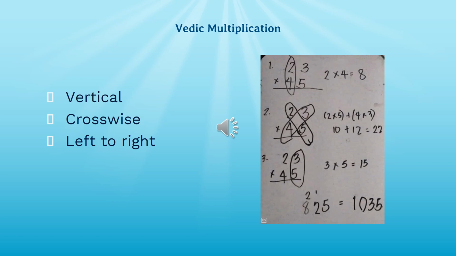You may be asking, what is this Vedic math all about? Vedic math is a unique system that offers non-conventional methods or ways of doing calculations. The word Vedic comes from the word Vedas, which means knowledge.